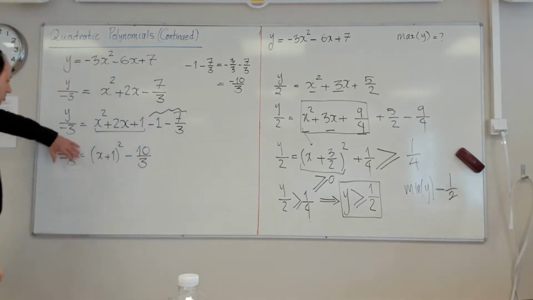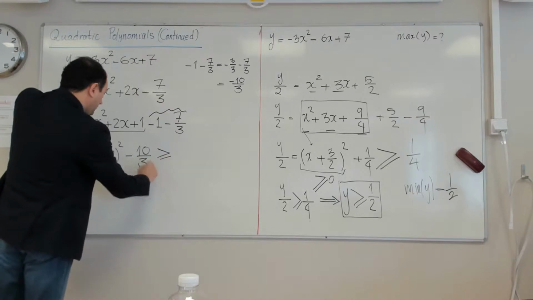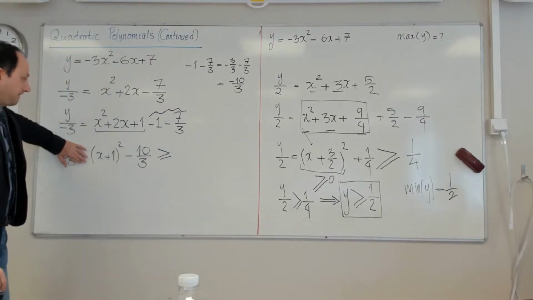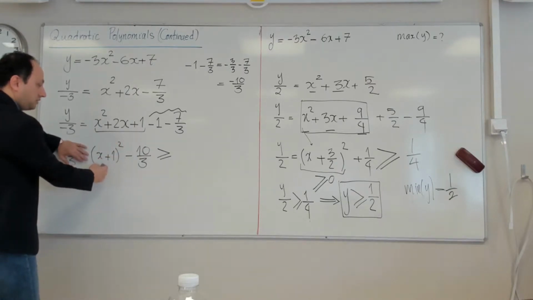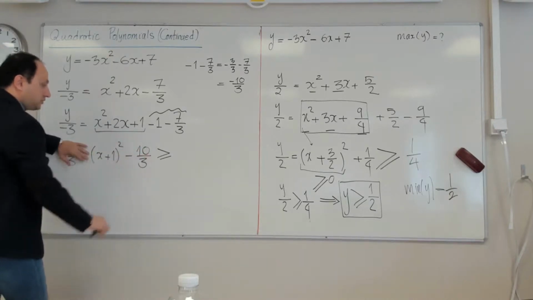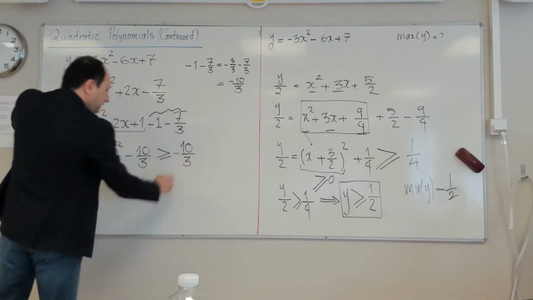Okay, now momentarily forget about this. Do you think I can write here greater than or equal to what? Can you tell me? Minus 10 over 3. Exactly, because this one is non-negative. A non-negative number is added to this. So definitely it becomes bigger, greater than or equal to this one.